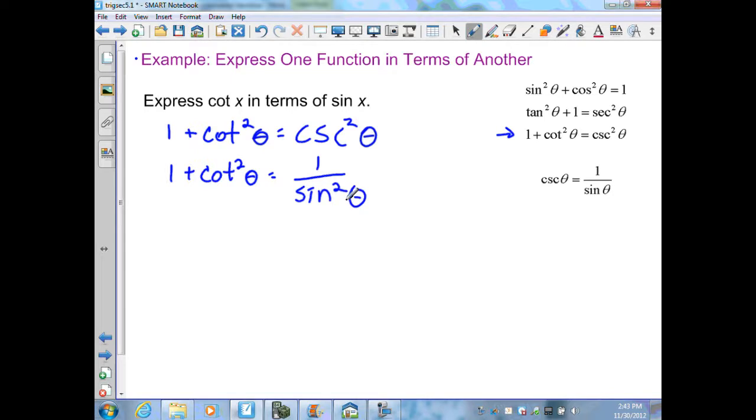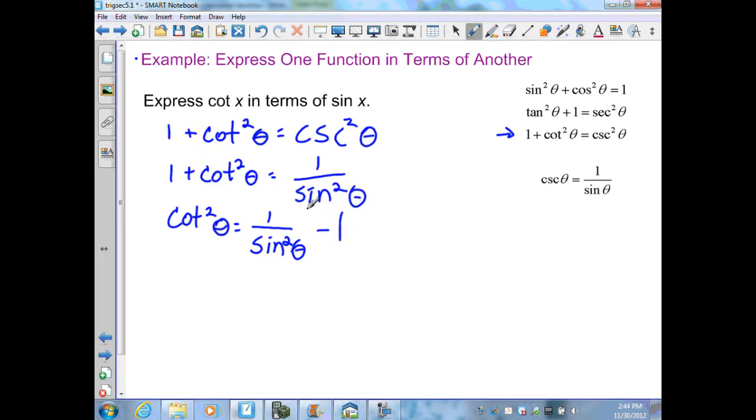Now I want to isolate my cotangent squared theta by subtracting 1. Cotangent squared theta equals 1 over sine squared theta minus 1.